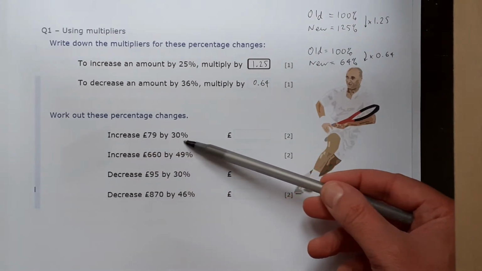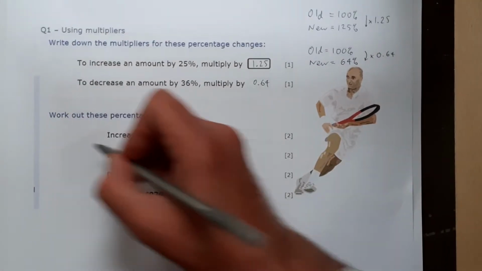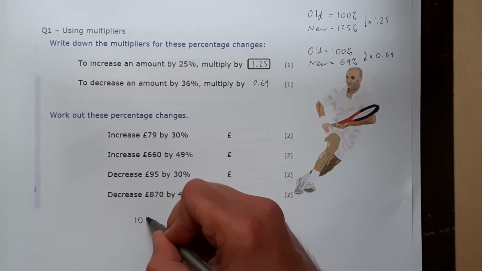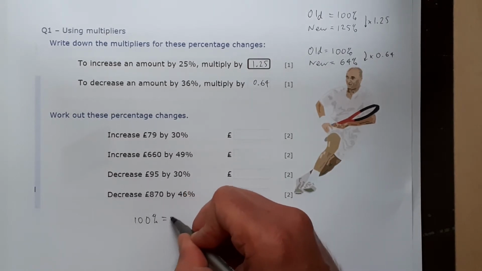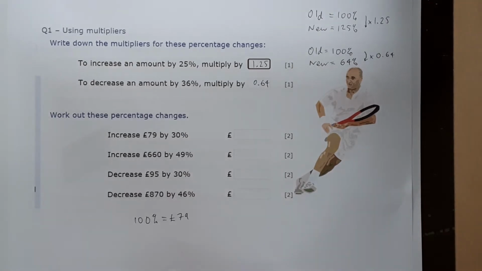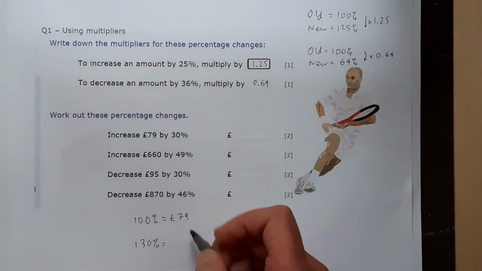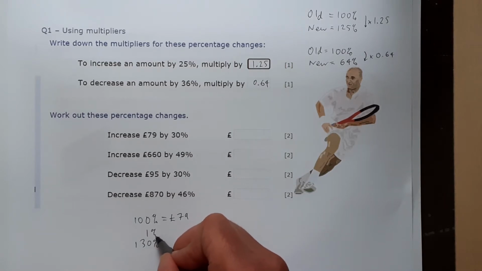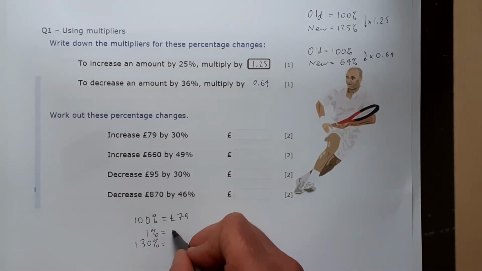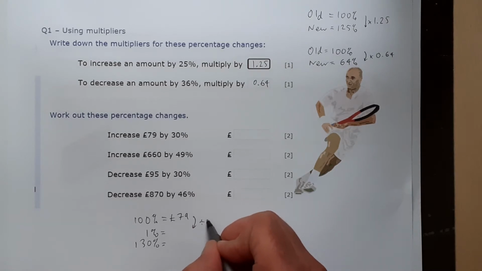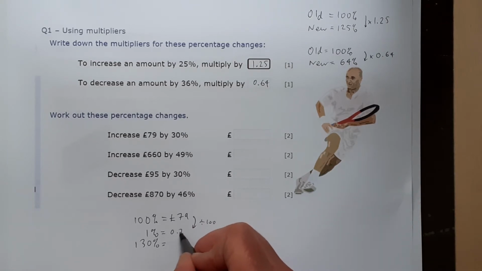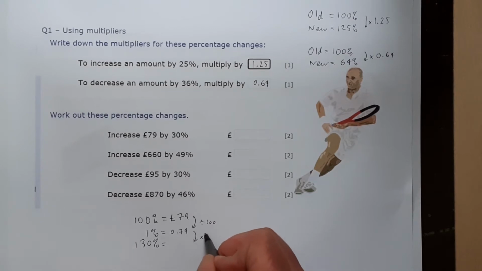Increase £79 by 30%. Well, 100% is £79. And because I'm going to increase by 30%, I want to know what 130% is. Now, I could jump straight up there just using a multiplier, but a nice method, linking to your unitary method that you did last week, is to first of all divide by 100 to get 0.79, then times by 130.